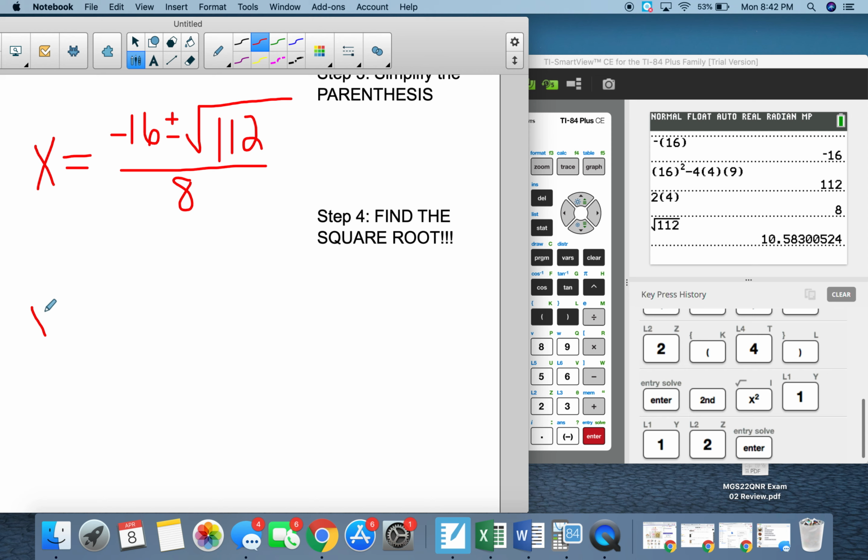I'm going to copy the entire decimal over, all right? So x is equal to negative 16 plus or minus 10.583000524, all over 8.